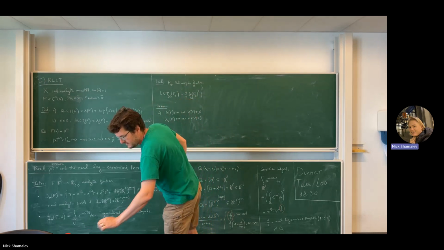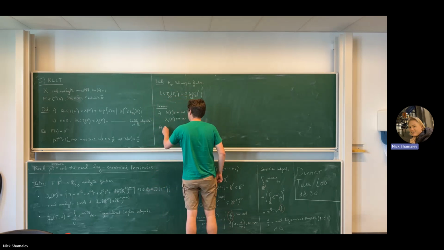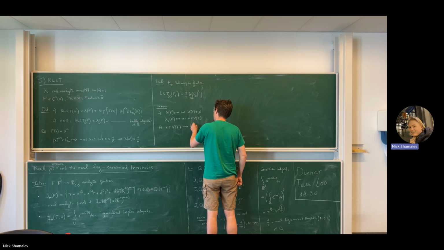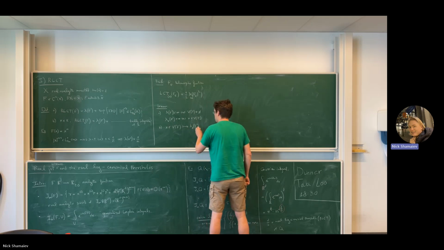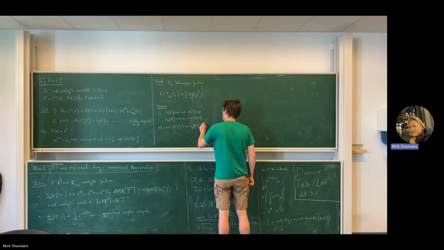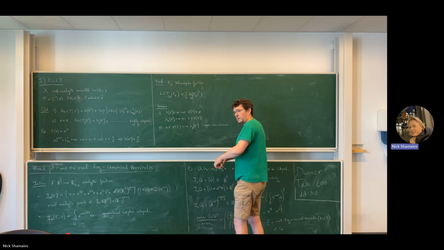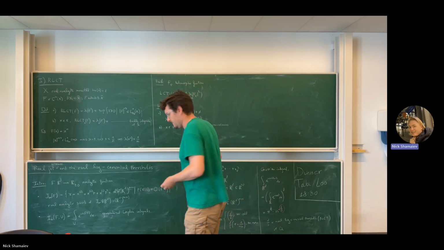In that case, the function which to an x associates this local real log-canonical threshold is upper semi-continuous, so it can drop when you specialize.